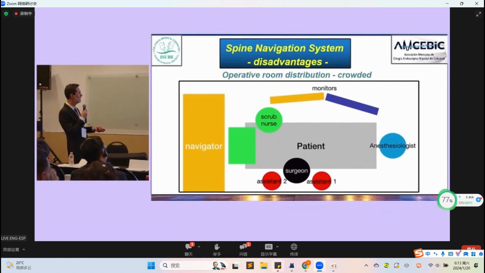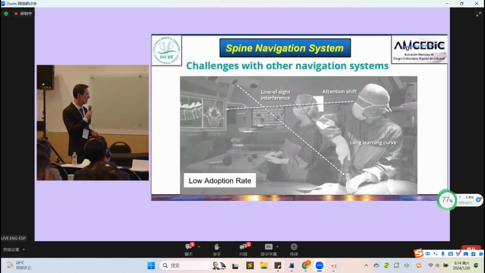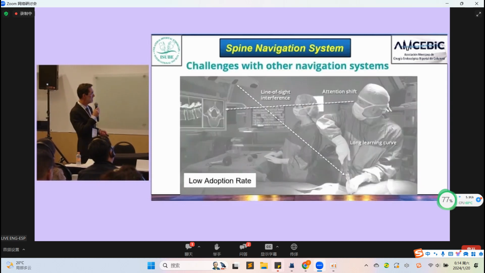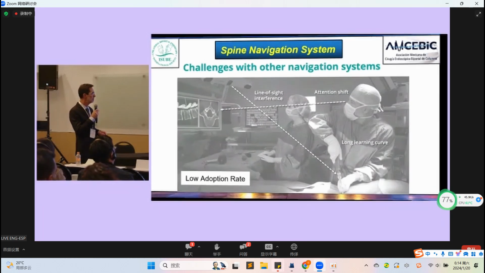Disadvantages: maybe crowding, because we have so many screens and systems inside the room. And another important disadvantage is attention, because you are not looking at the operative field, you are looking at the screen, and maybe this is a problem.